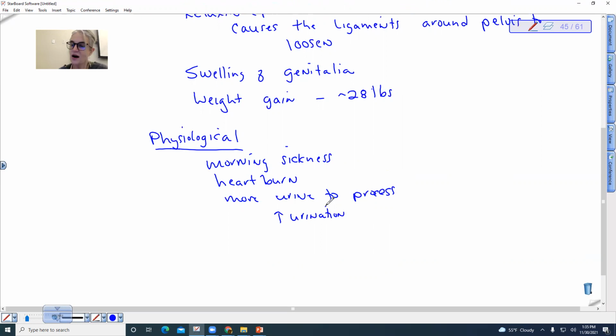And you might also have difficulty breathing, based upon those anatomical changes we mentioned before.